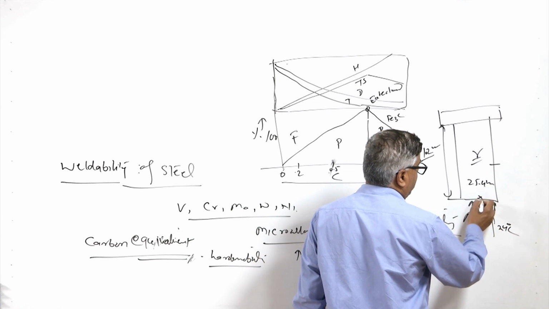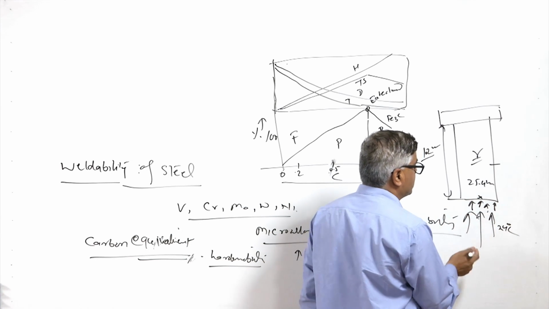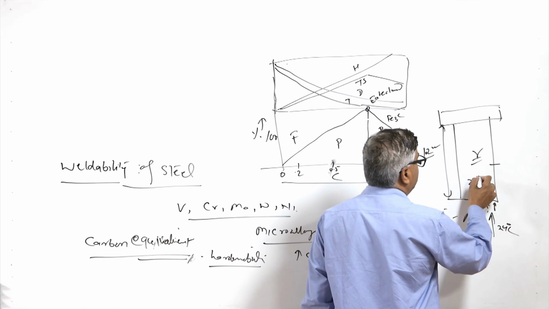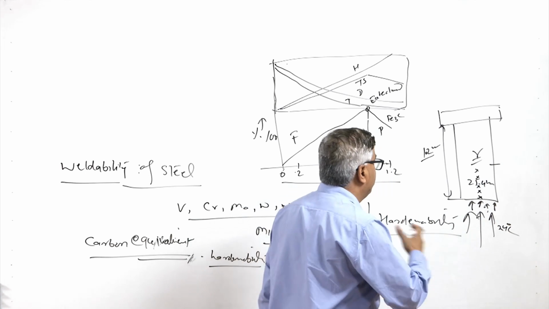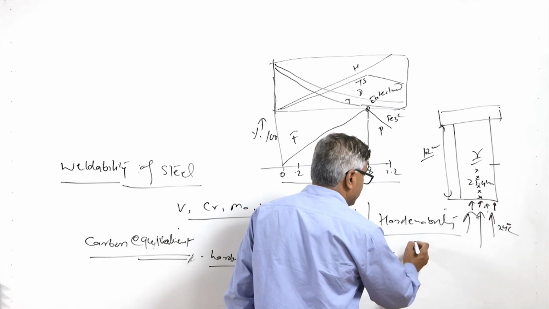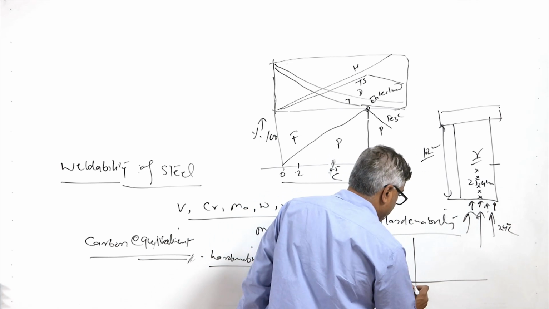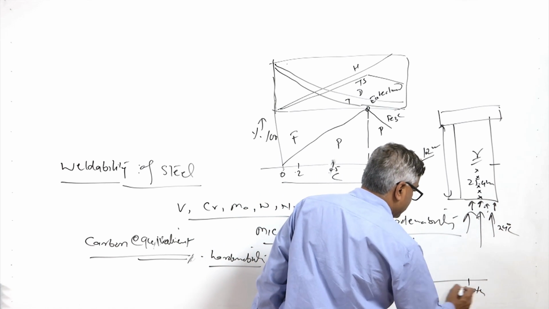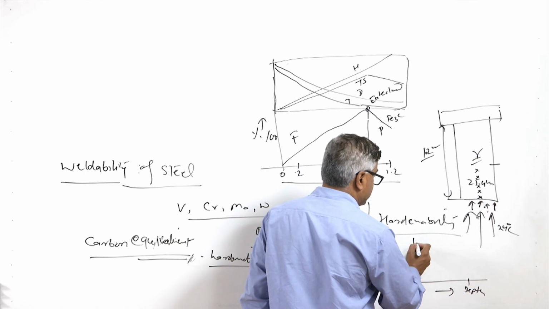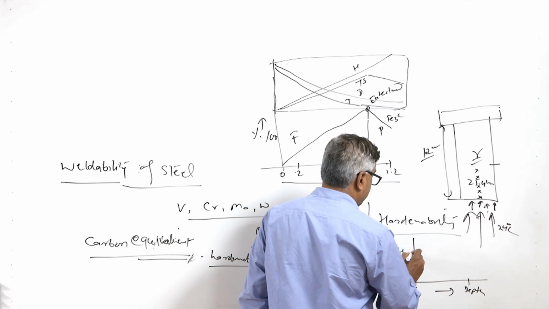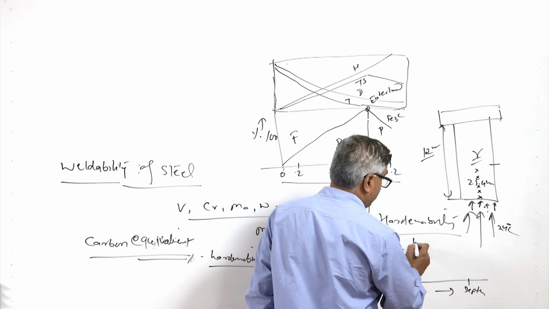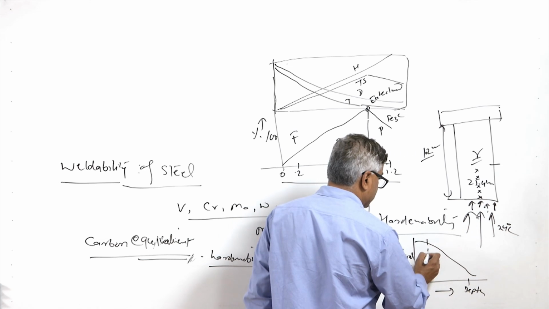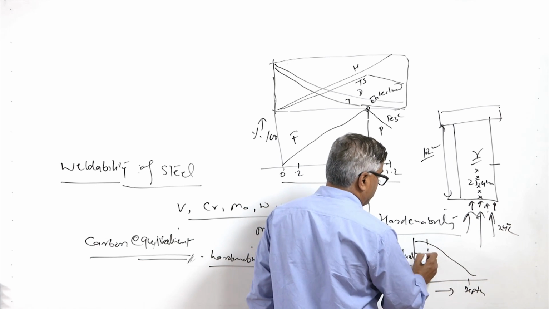The near-surface layers which are quenched are hardened to the maximum, and then the hardening will be of different magnitude with depth. If we measure the hardness from the surface with increasing depth, it comes out like this, which indicates that maximum hardness is achieved only up to a certain depth.